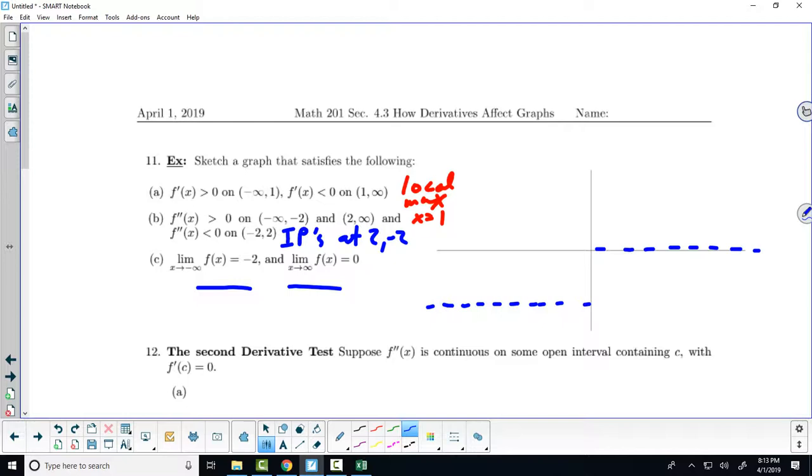We increase always until we get to 1, and we're doing so for a while in a concave up manner, like a sweep like that. Yes, so it's concave up, and then it's concave down. There's a local max at that point.